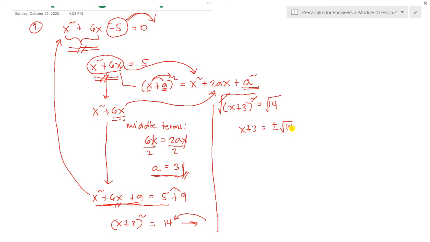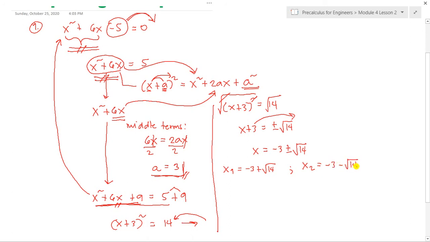So here, transpose the positive 3 to the other side. So we now have x is equals to negative 3 plus or minus square root of 14. Therefore, our first root or value is negative 3 plus square root of 14. The second one is x sub 2 is equals to negative 3 minus square root of 14.